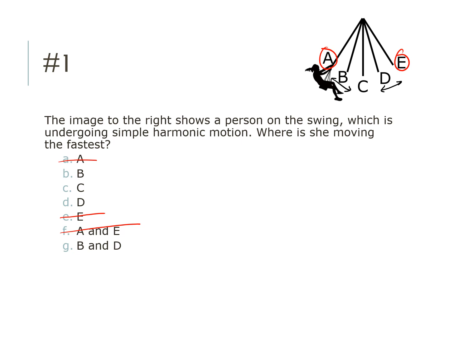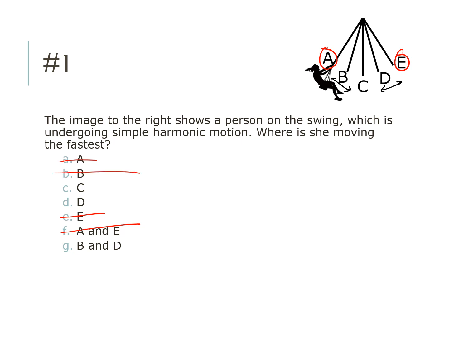Right? It's physically going to be when you are the lowest. There's no angle for the swing. So this means our gravitational potential energy is going to be 0 if we set our gravitational potential energy to be equal to the lowest point on the swing. That means we only have kinetic energy at point C.